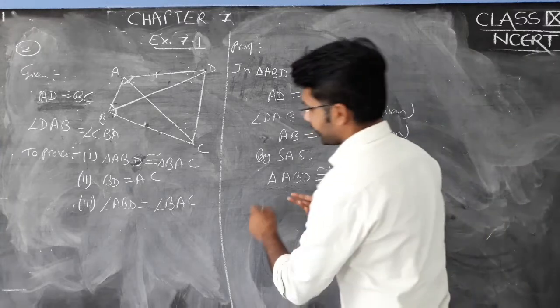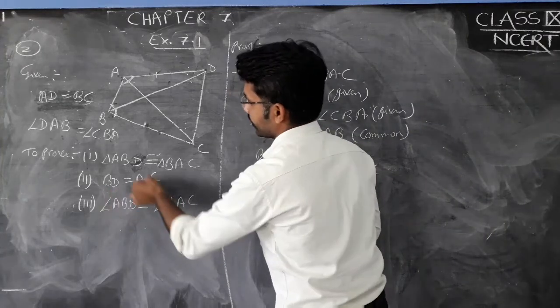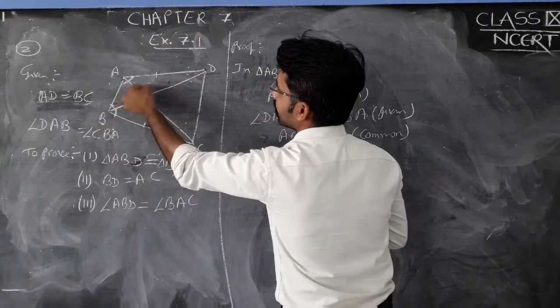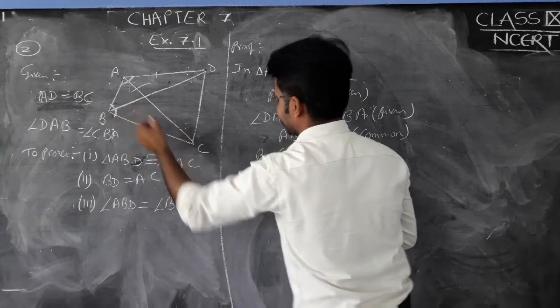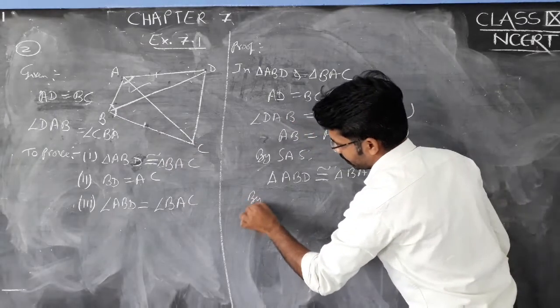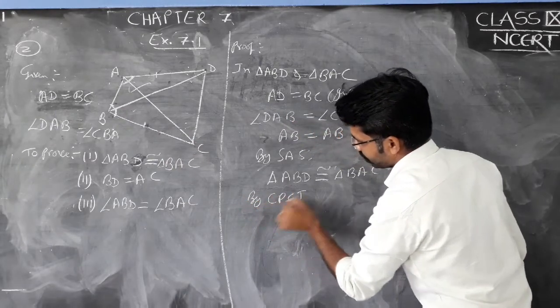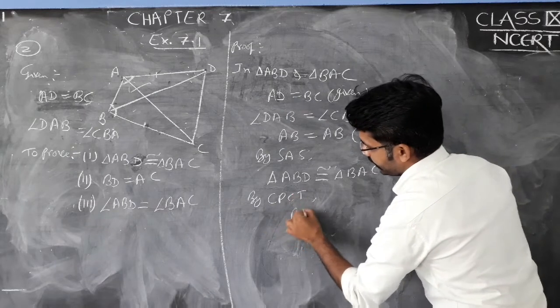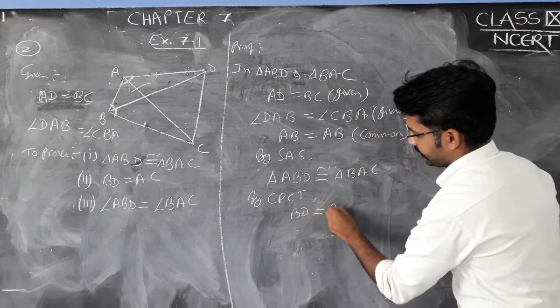Secondly, we have to show BD equals AC. BD is the part of the first triangle and AC is the part of the second triangle. So we can write by CPCT, corresponding parts of congruent triangles, BD equals AC.